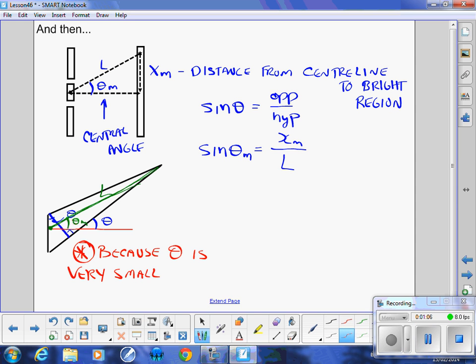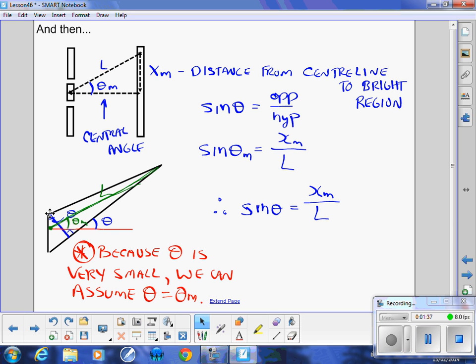Because we're talking about such small angles, we can assume that theta is equal to theta m. So those two angles are actually equal, just because of the very, very small angle we're dealing with. So therefore, we end up with sine theta equals xm over L.